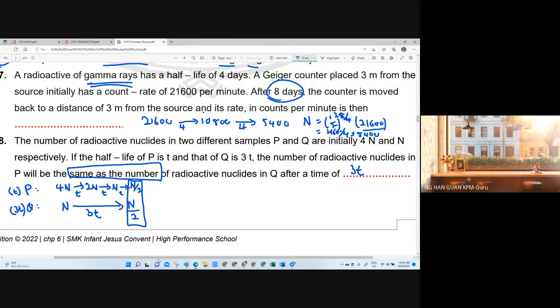My additional question on this: is it possible for P and Q to have the same number of radioactive nuclei again after the 3T? Is there any other time when both of them have the same number of nuclei again?